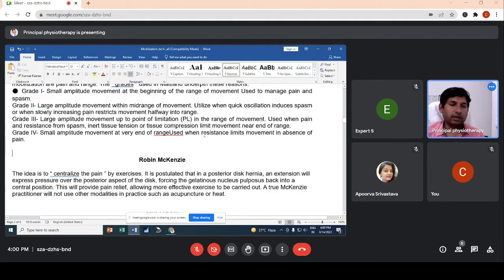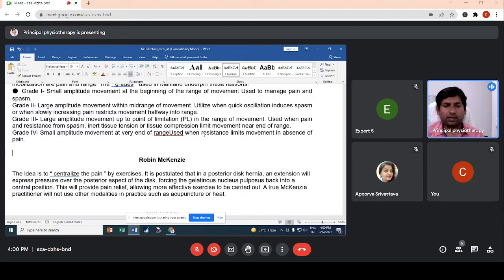Grade 4 is a small amplitude movement at the very end of the range. Used when resistance limits movement in the absence of pain. There is no pain but stiffness at the end of the range. We should use grade 4, a small amplitude movement at the end of the range.